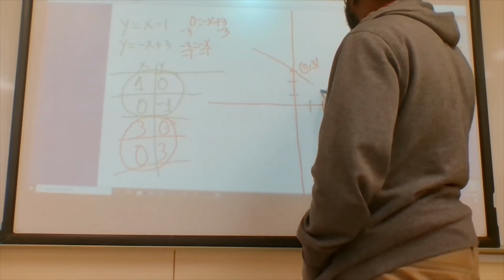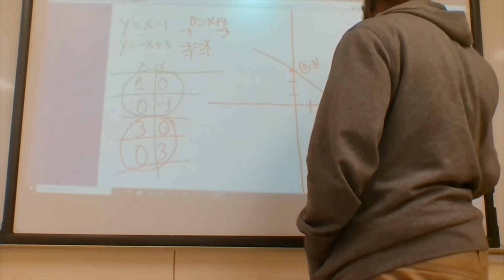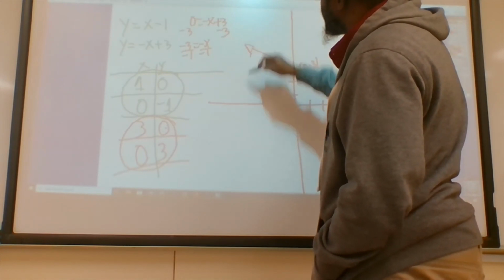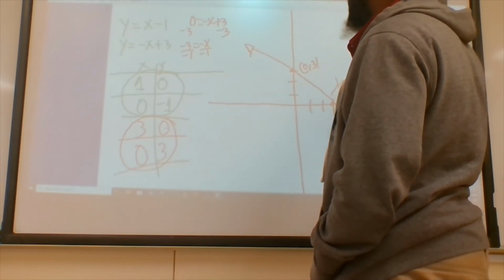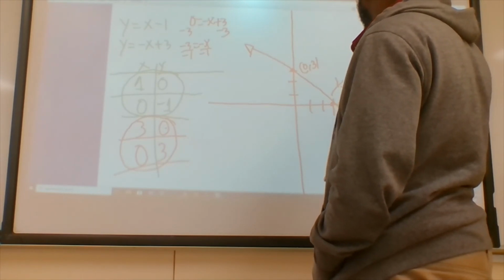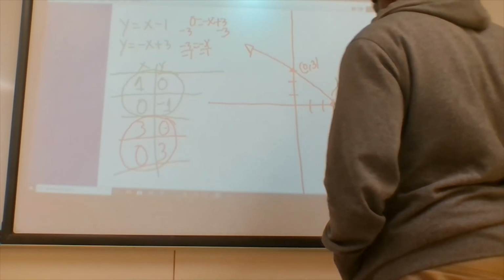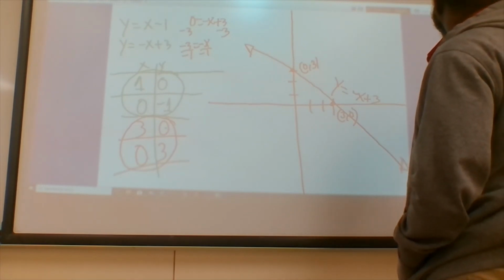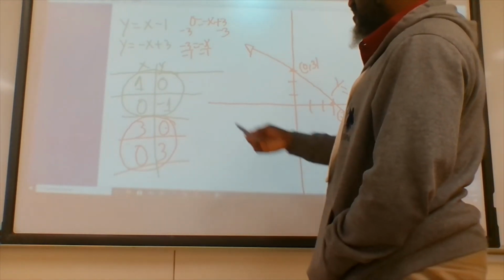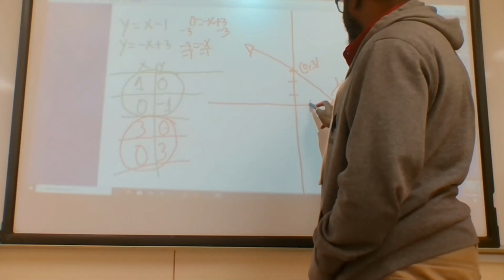Then you connect those two dots, the line. Then you have the equation y equals negative x plus 3. The second one, in green, is (1, 0). That will be this point here.